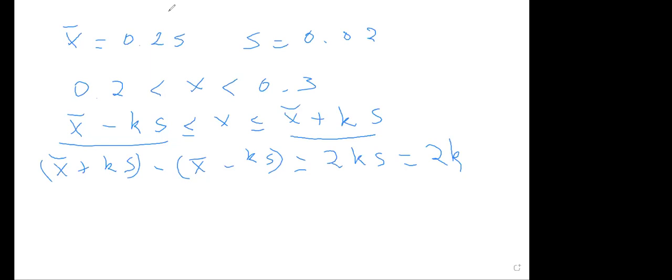Which is equal to 2 times k times s, and s is 0.02. So I want to find the value of k. That will mean 0.04 times k is equal to the upper value 0.3 minus the lower value 0.2, which equals 0.1.